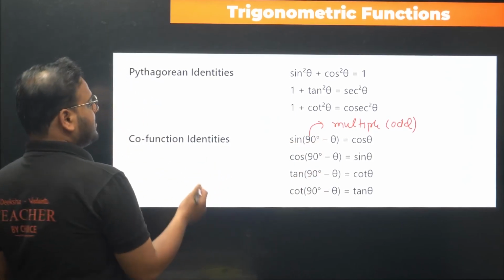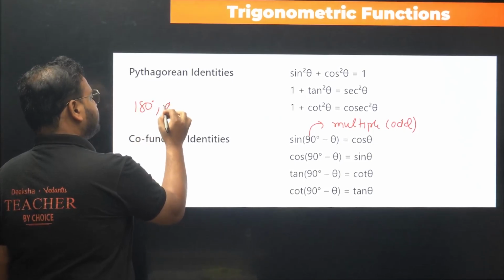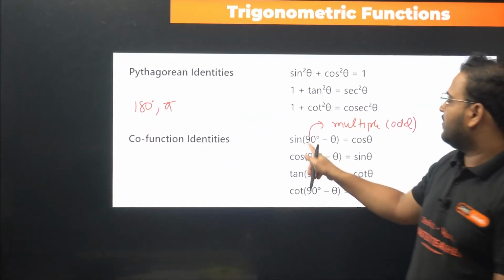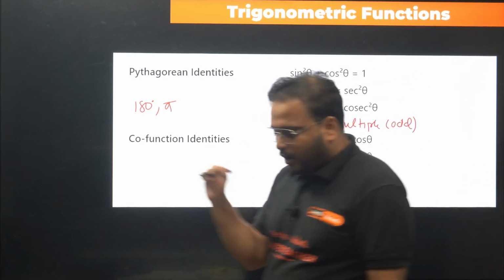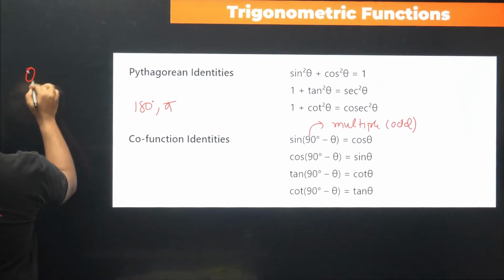But if it is with pi, that is 180 degrees or pi, then the ratio remains the same. And all of this will follow the quadrant rule.